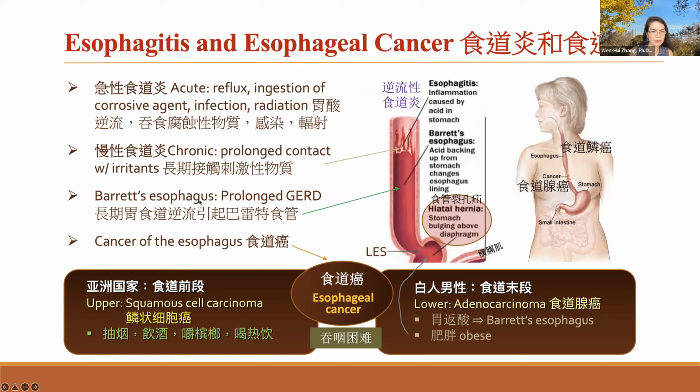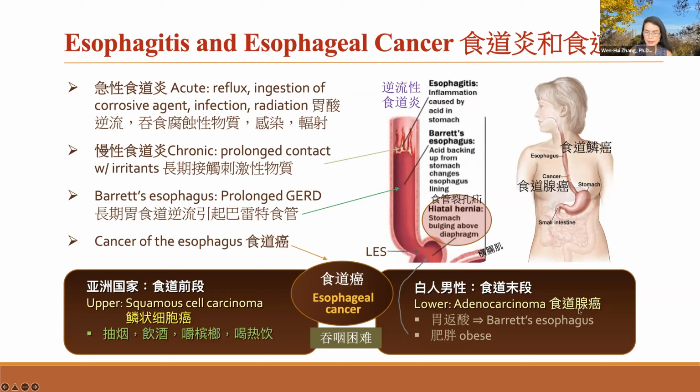And Barrett esophagus is when people have prolonged acid reflux. And this is a major risk factor for esophageal cancer, especially for the lower part of the esophagus, because the acid is coming from the stomach into the esophagus. So this Barrett esophagus is a risk factor for the lower part esophageal cancer.